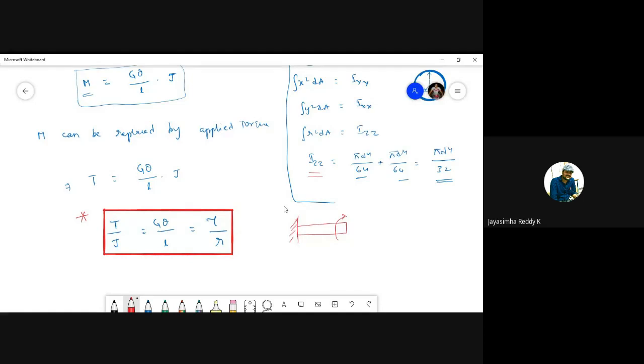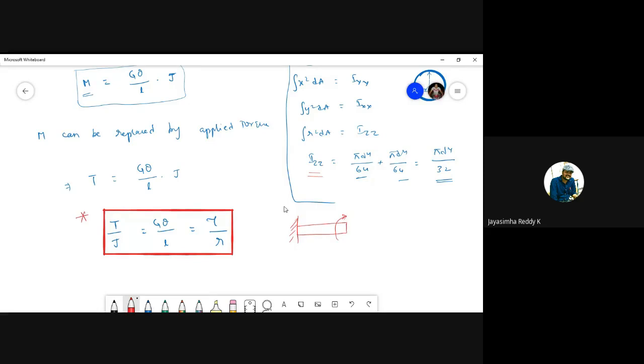And theta is the angle of twist. So because of the applied torque, how much is the angle of twist? And L is the length of the shaft. Tau is the shear stress developed because of the application of the torsion, and R is the radius of the circular shaft. Is it clear, guys?